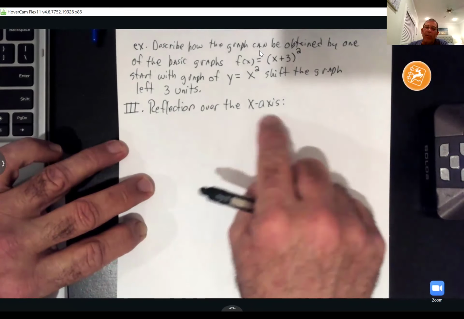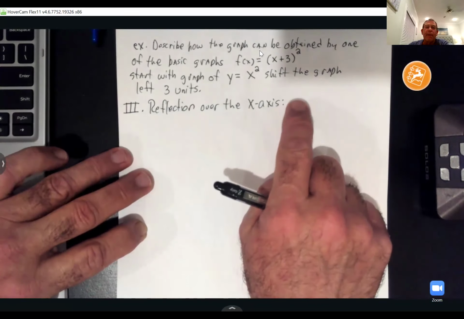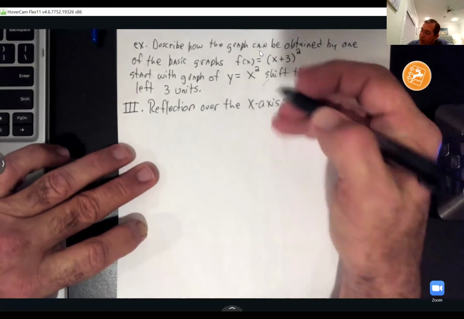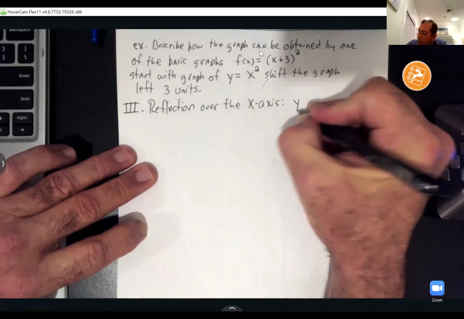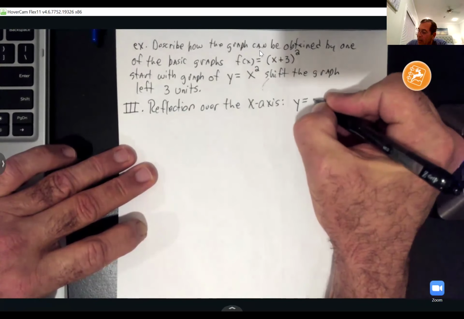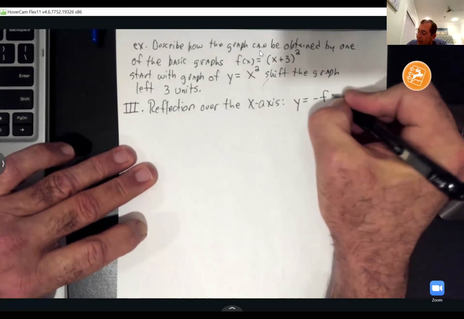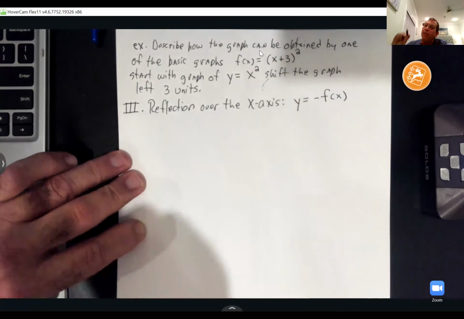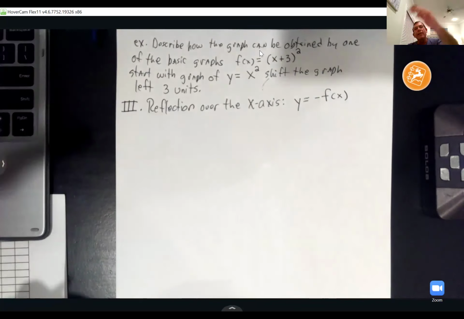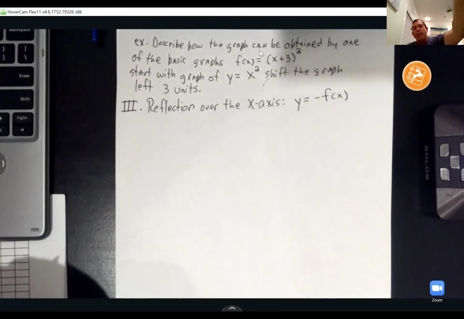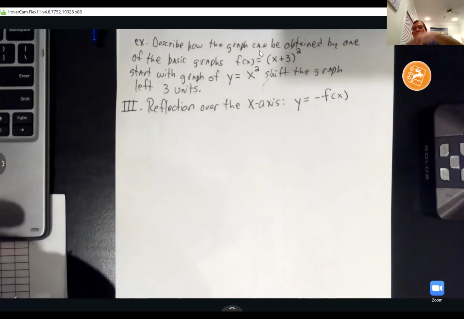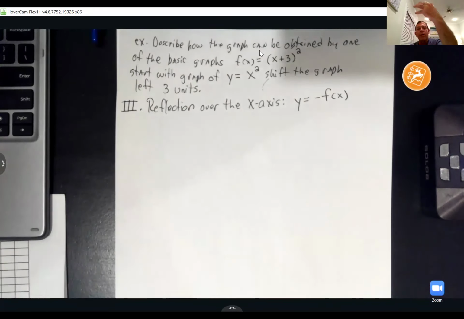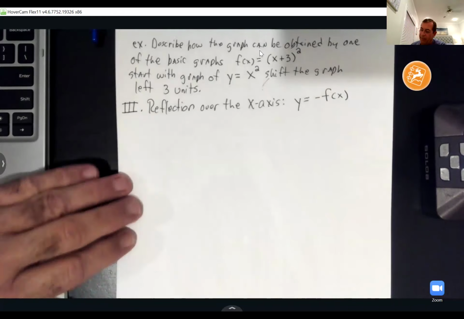We're only going to be reflecting over the x-axis. So to get that type of situation, you're going to have y equals negative f of x. So if I put a negative in front of my function, that's going to turn all those positive y values negative, and it'll turn all the negative y values positive, which is going to make that thing reflect.